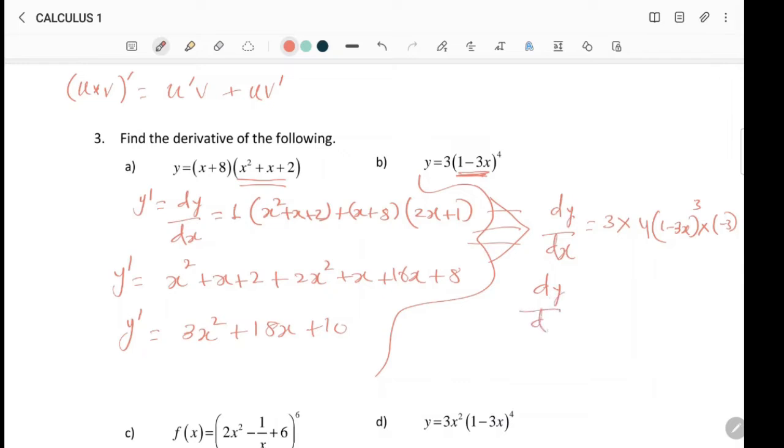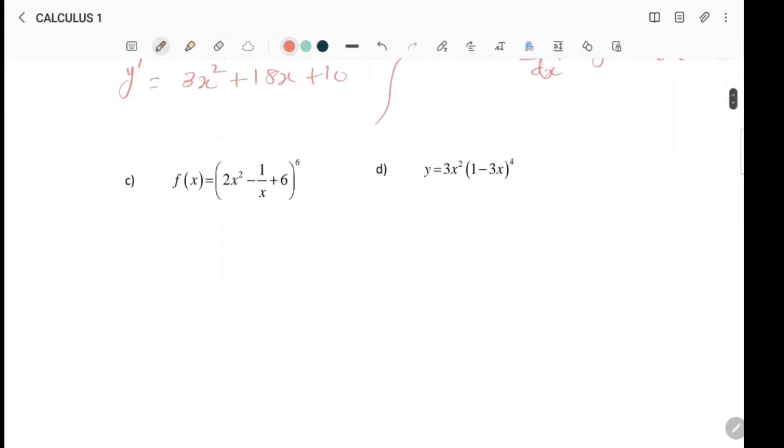So here dy by dx, or y dash, equals minus 3 times 4. How much? Minus 48. Oh, minus 36, sorry. Minus 36 times (1 minus 3x) to the power 3, right? Okay, that's great. Now come to the C part.